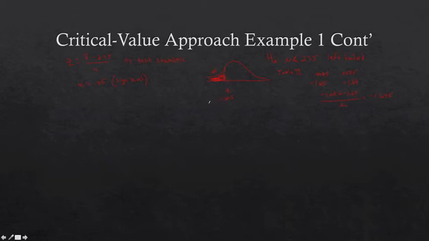Anything less than this is going to be too small. So when you convert it to a z-score, if your z-score is less than negative 1.645, we are going to reject our null in favor of our alternative. So if it's less, we're going to reject the null.